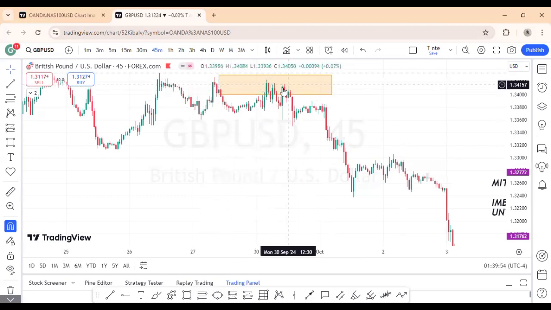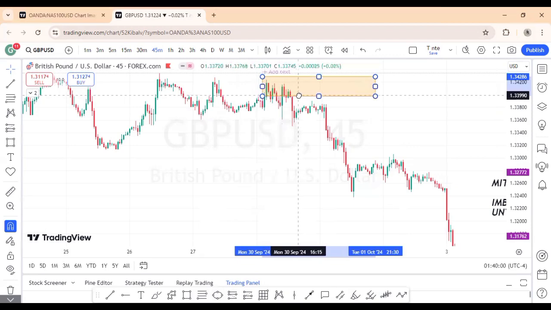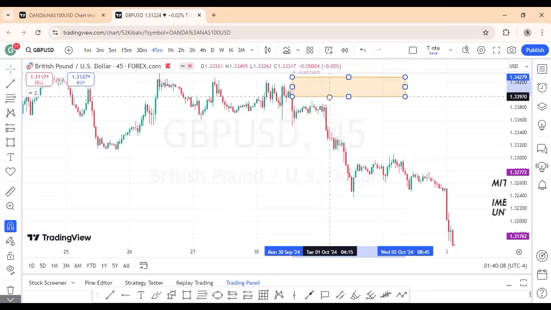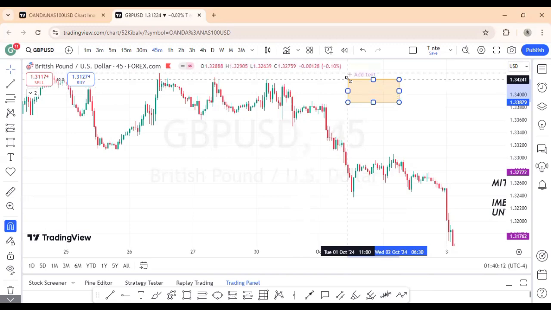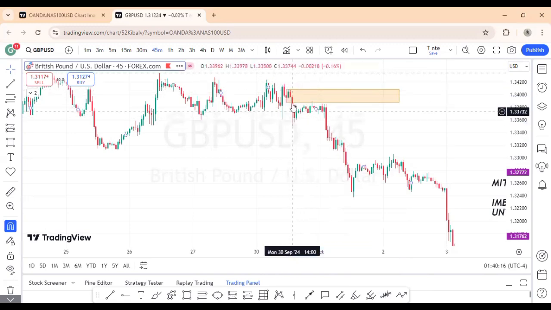That's what's called mitigation. Now price has gone down. Where is the new area to be mitigated? We have this other block. Price again came back, pushed into it, and mitigated it. So where is the area that has not been mitigated? You can see obviously this area here. You can see how price still came back and mitigated this area again.